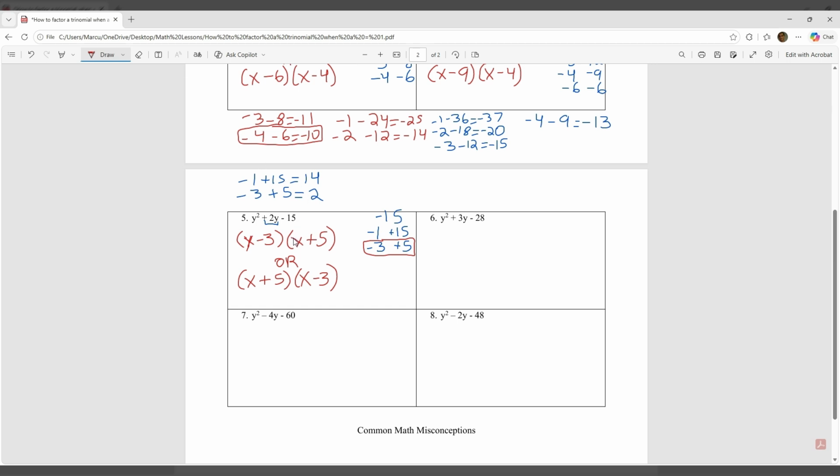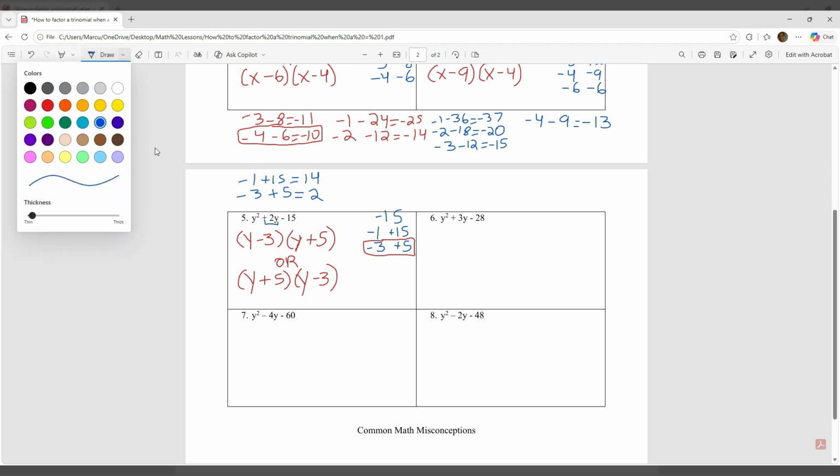Same thing for your second factor. It's going to be y. So make sure you fix that on your paper. It's going to be a y instead of x. Like this.